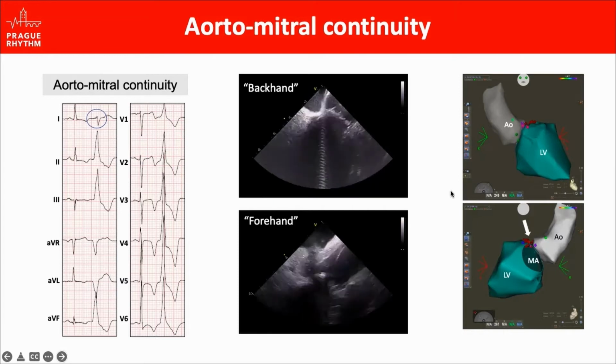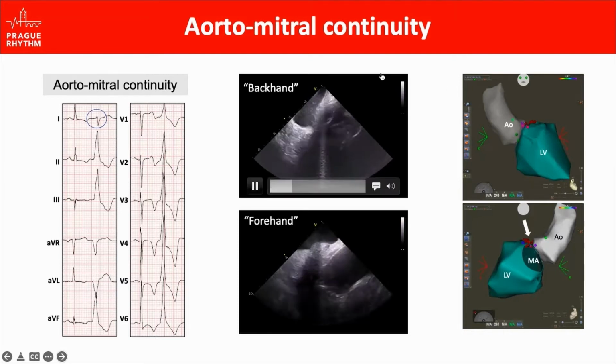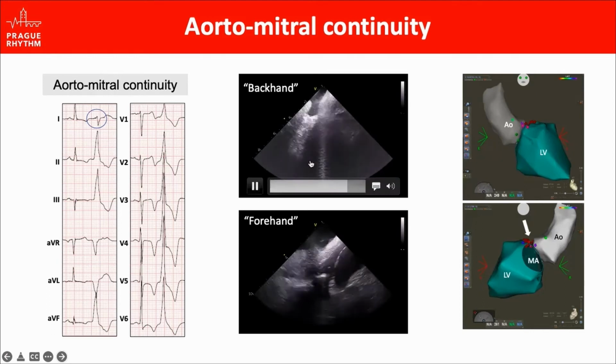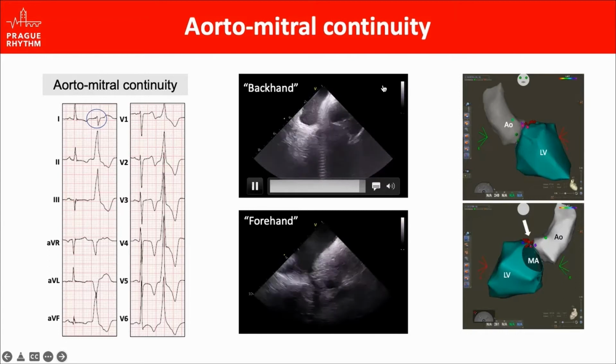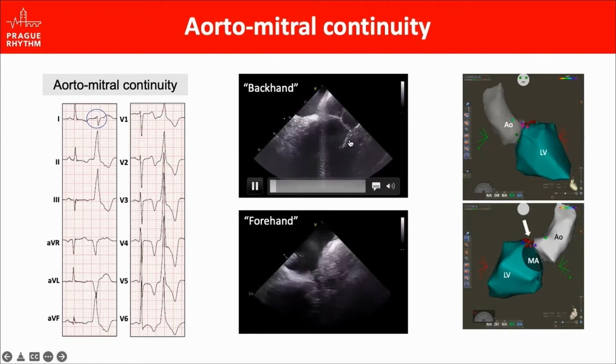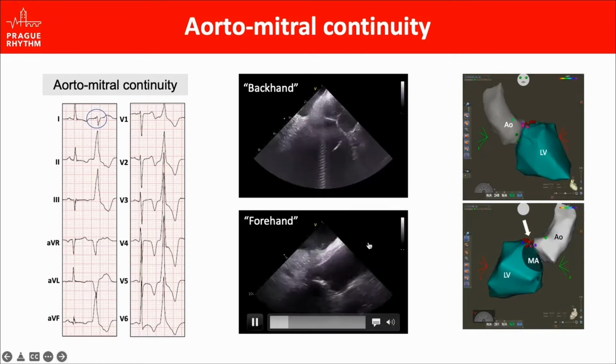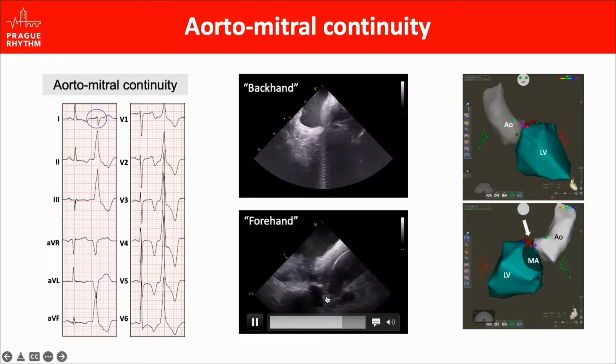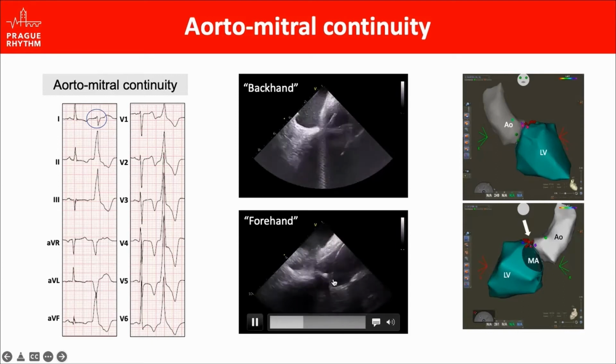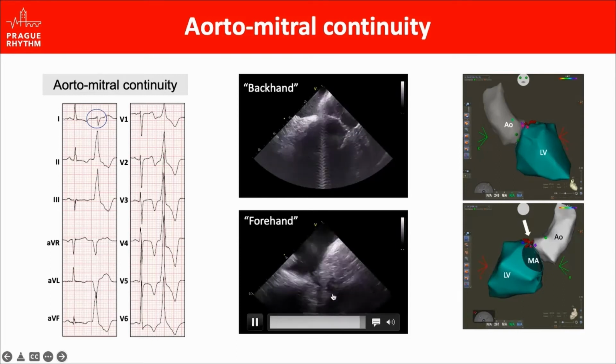For successful ablation in this region, we need to introduce the ablation catheter deeply in the ventricle, and then flex and pull back in what we call a backhand fashion. This will optimize the contact with the tissue, but if this is not helpful, we use this forehand maneuver where we introduce the catheter and flex it just below the cusp.